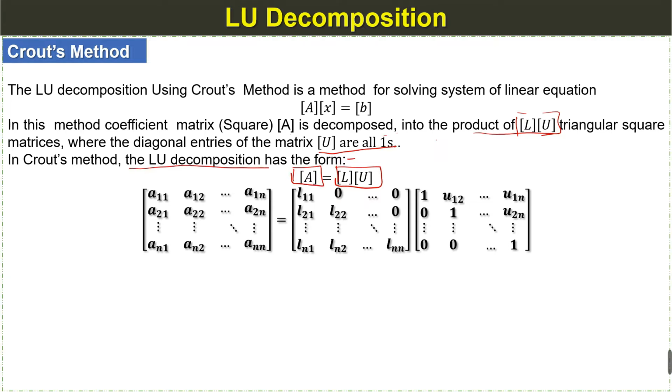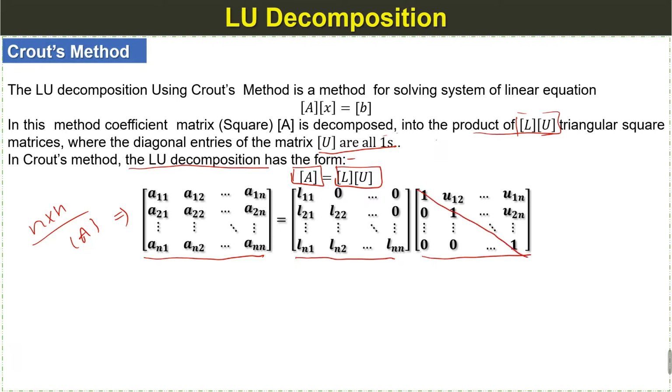For example, we have an n cross n system of equations, and the matrix form of this one is like that. This is the n cross n coefficient matrix. We have to decompose this coefficient matrix into the lower triangular matrix and the upper triangular matrix.